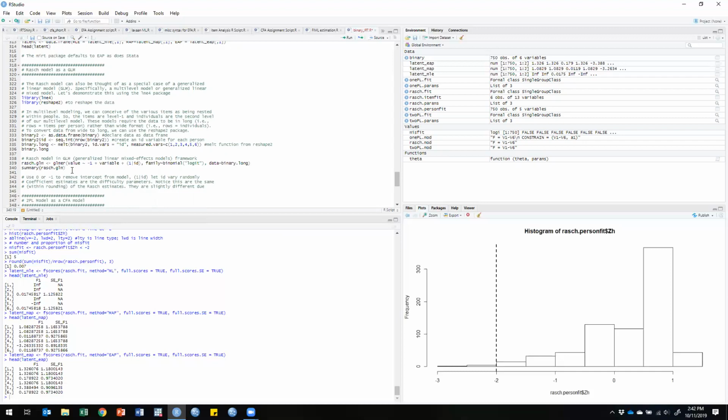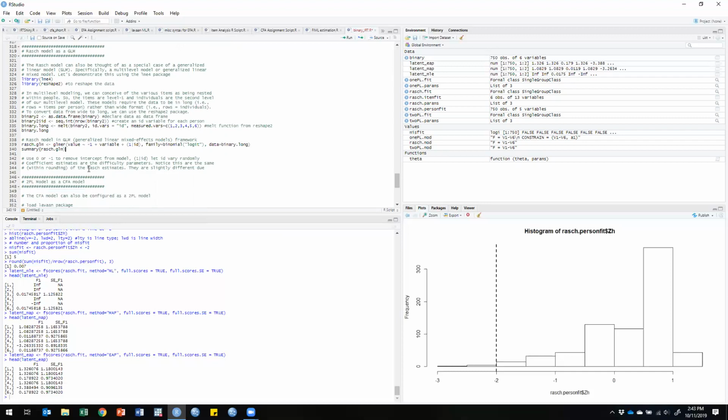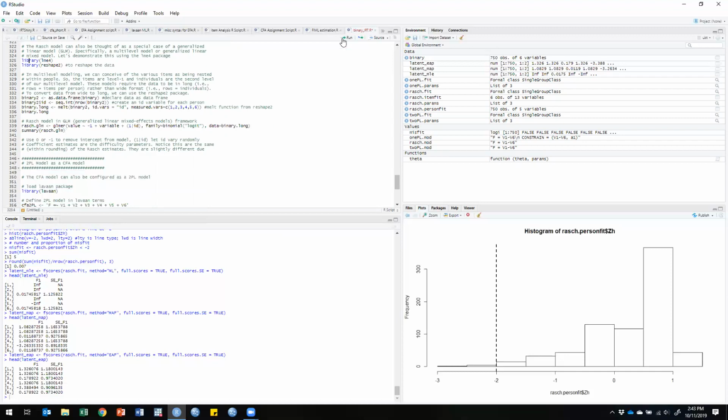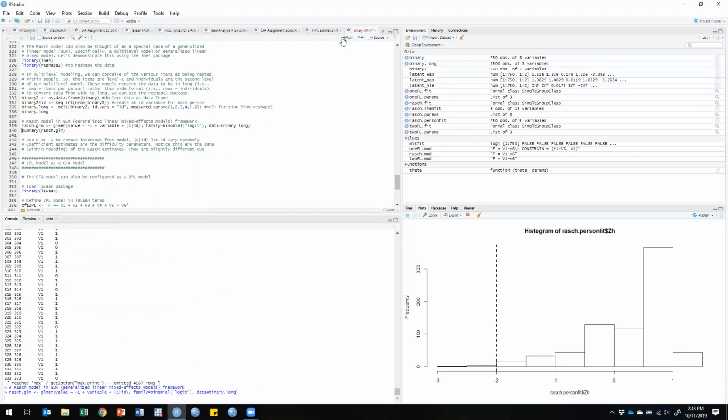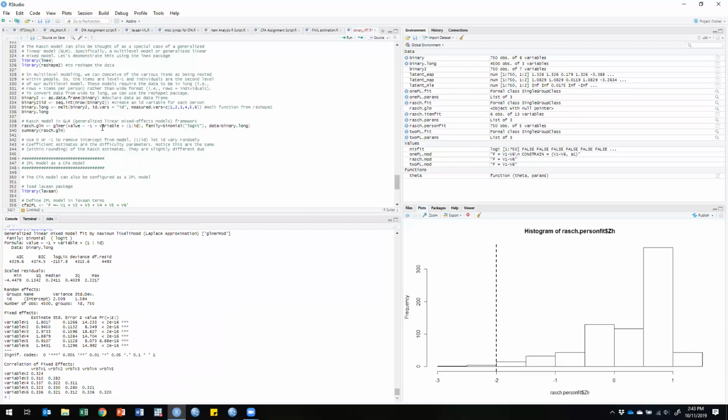You can play around with this and see for yourself how you get the same results. It takes a little while to actually estimate it in lme4. There we go. And see, here are our Rasch estimates, our difficulty parameters. Again, it's just the signs reversed from what we found in the mirt package.